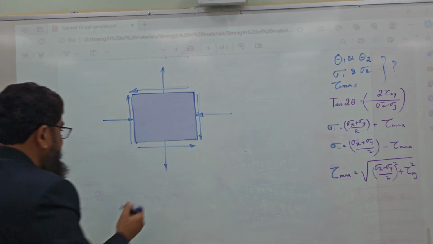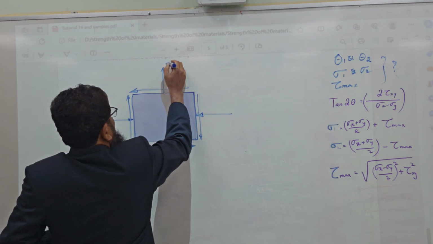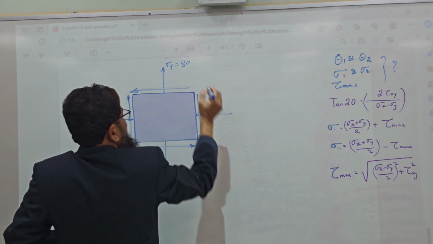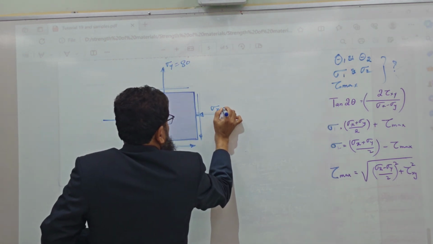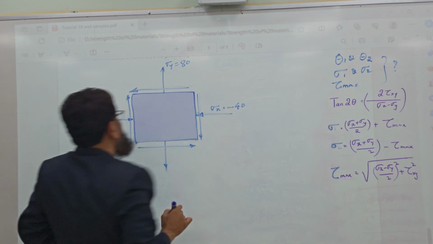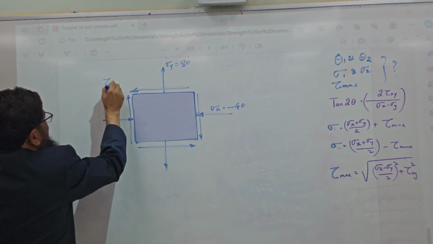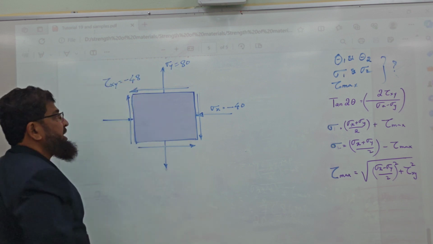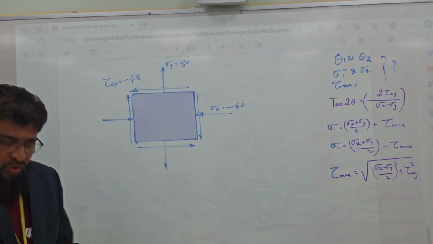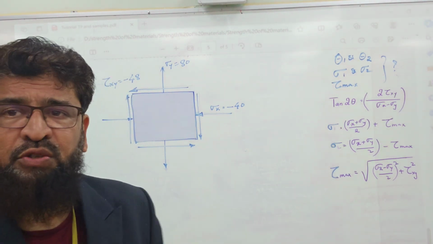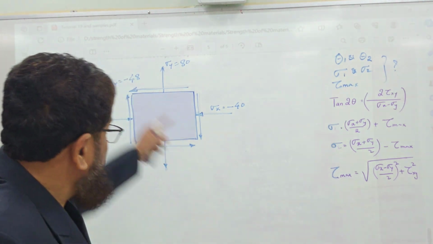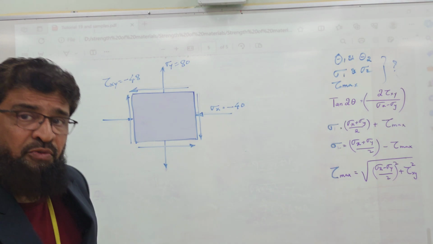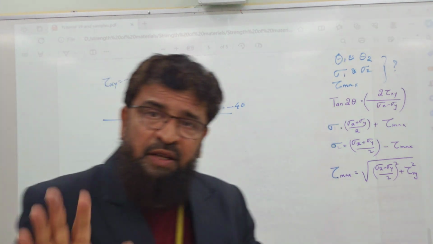This is sigma y, this is the mean, this is sigma x, which is minus 40, tau xy is also minus 48. This is the point, right? Once you write this, it's very easy, because while writing here, if you make a mistake, you will end up getting a big zero.